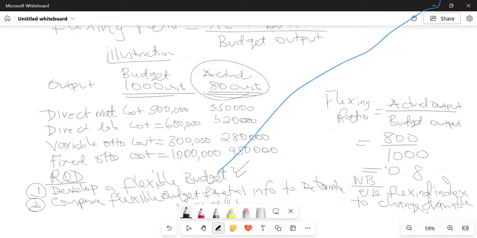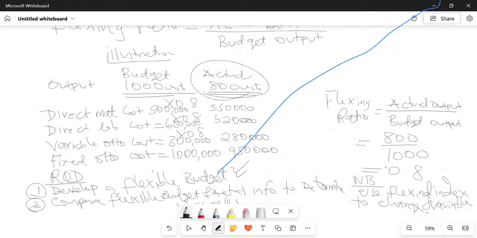So how do we do this, Mwalimu? Use the flexing index to change variable costs. So what do you know about direct expenses? The word direct means variable. So any variable item shall be multiplied by 0.8. Any variable item shall be flexed.